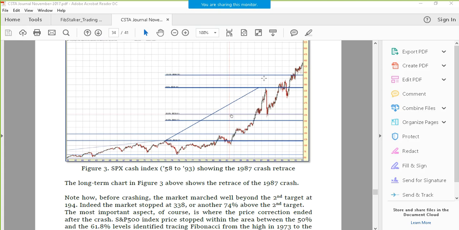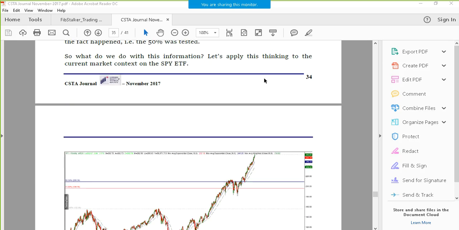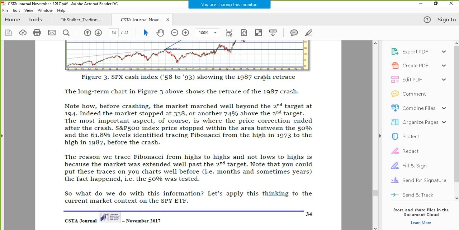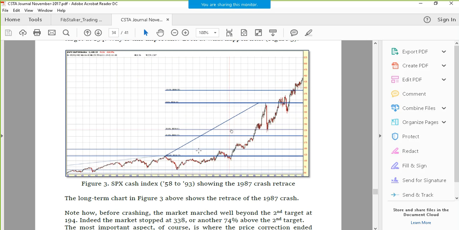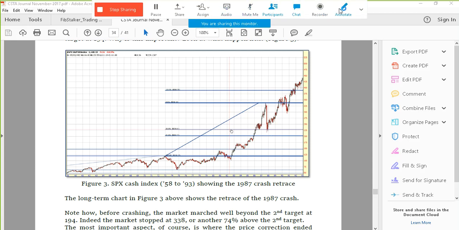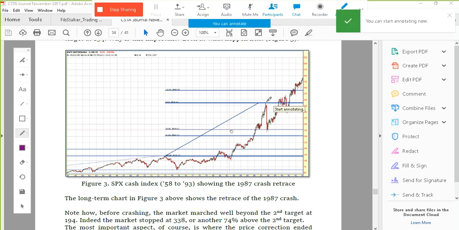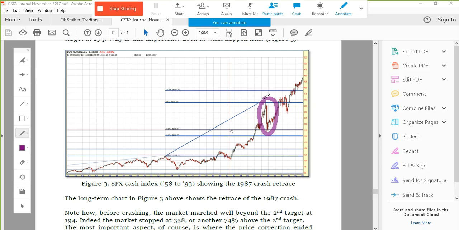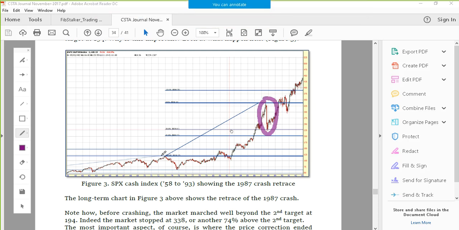Okay, Robert, what we are doing is reviewing the SP500, considering what could happen here. Now, this is the 1987 crash. What happened there is that the market traded to a new high.